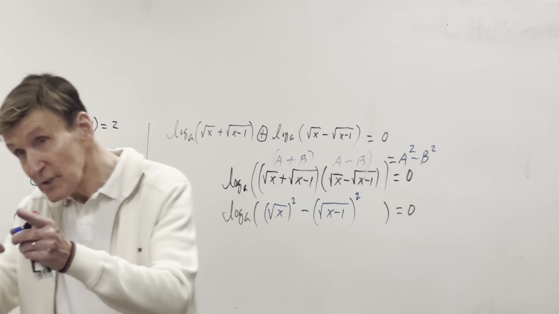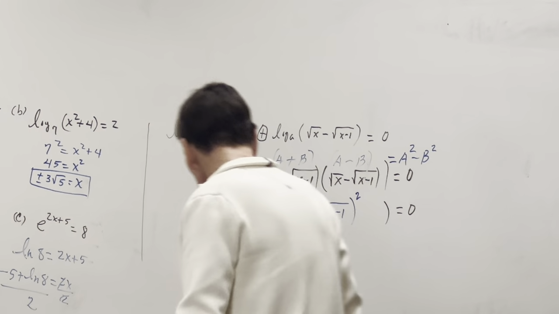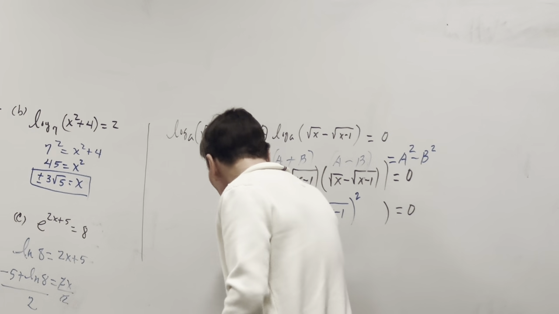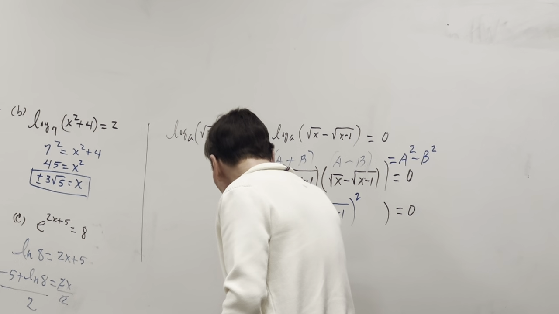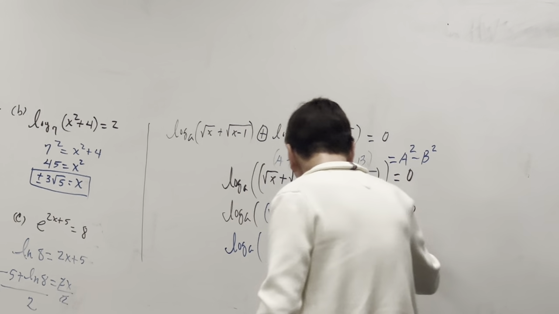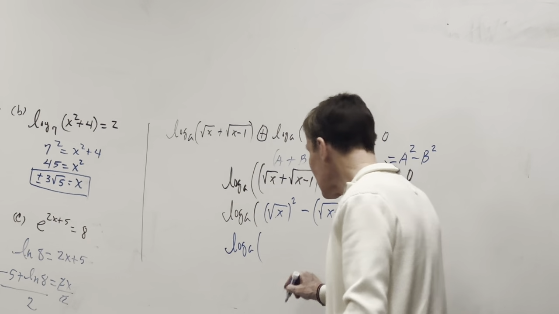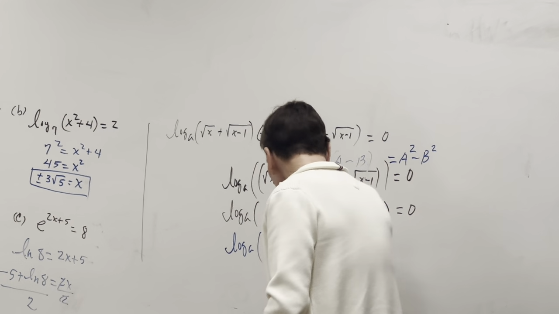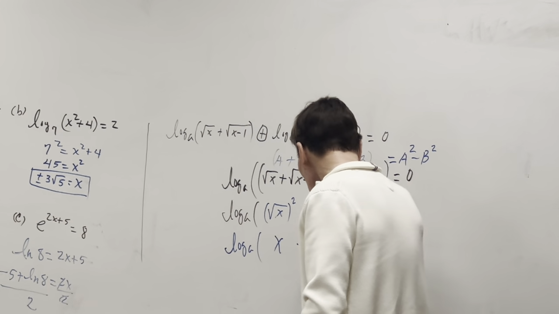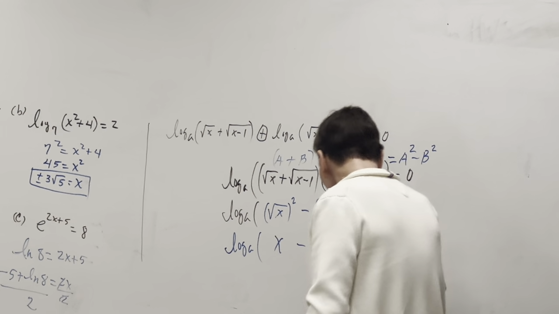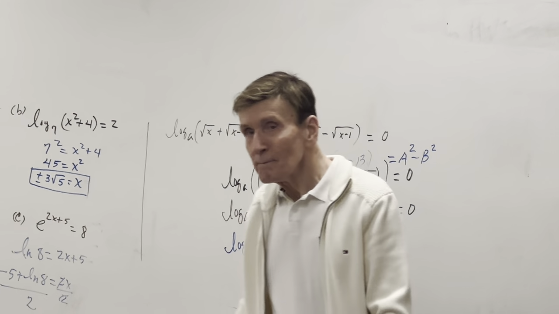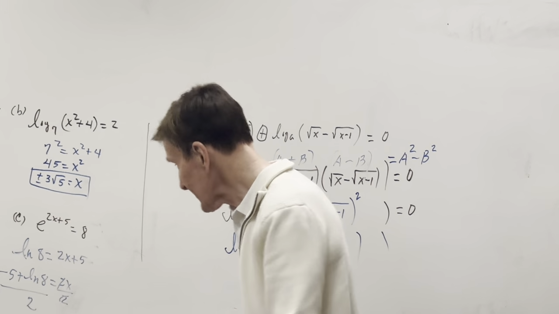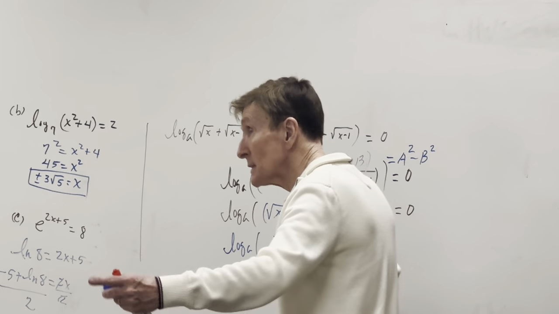Or you can just fully expand it out. Going further, this now looks like log base A. Inside there, if I square the square root X, I get X. If I square that next square root, I get this. Let's see now, the X's cancel inside there.